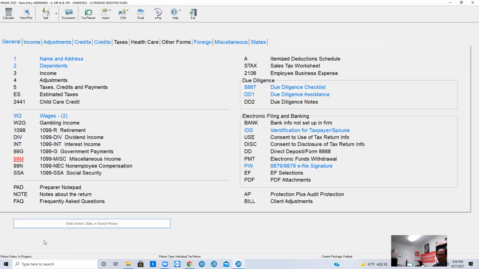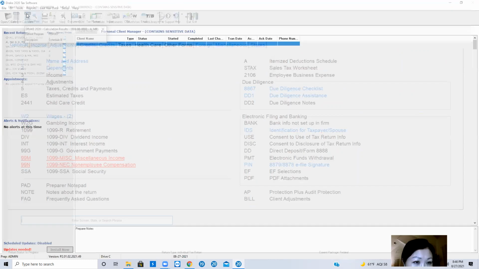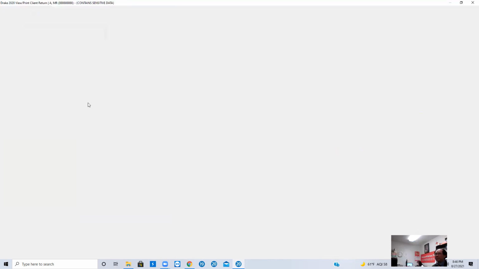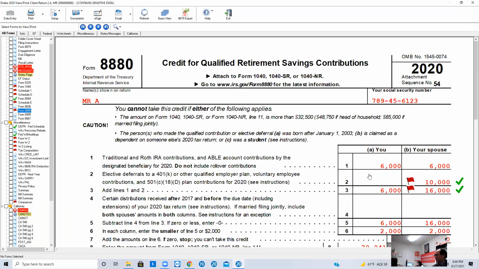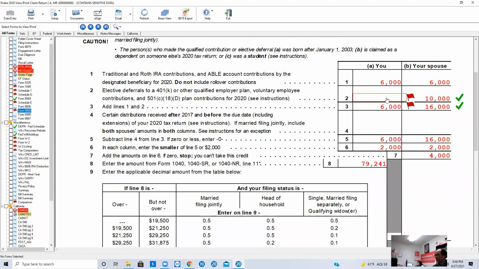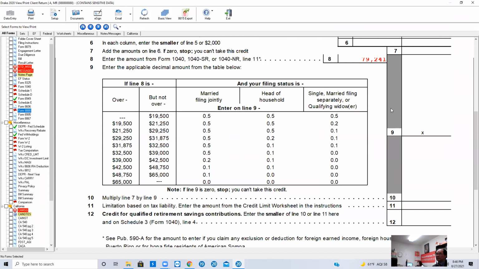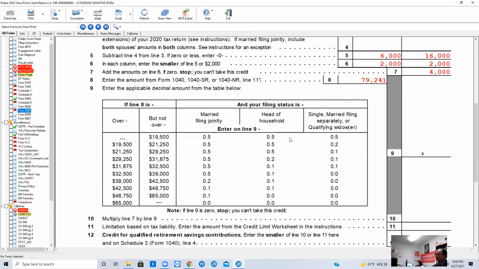But in this situation, do you remember I put the Roth IRA in? I put that 6,000 in already. Let's see. Right, I put a 6,000 in here. Now, is the head of household, the income is just 48,000.